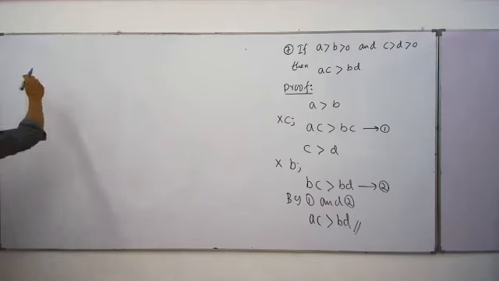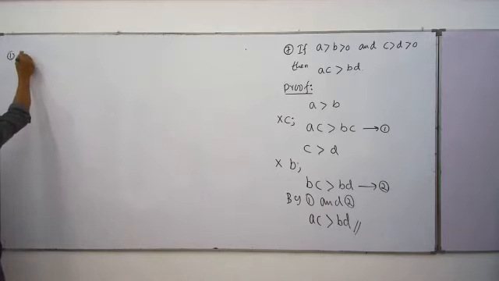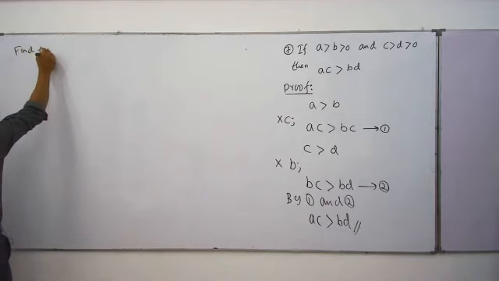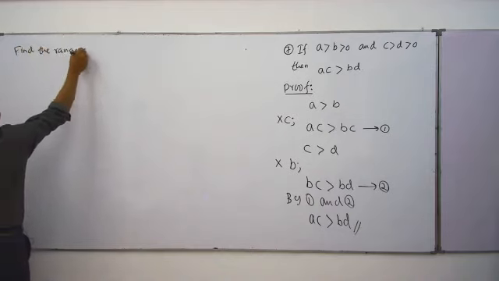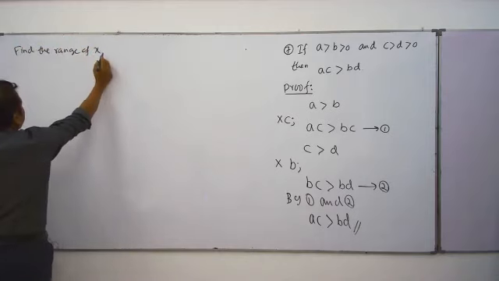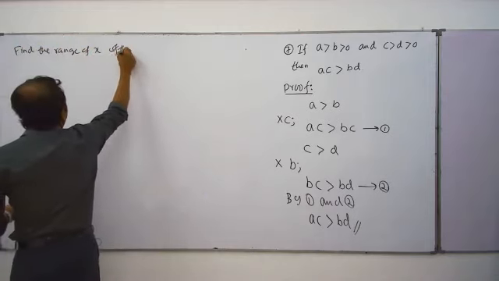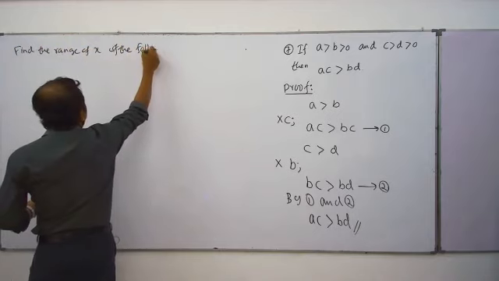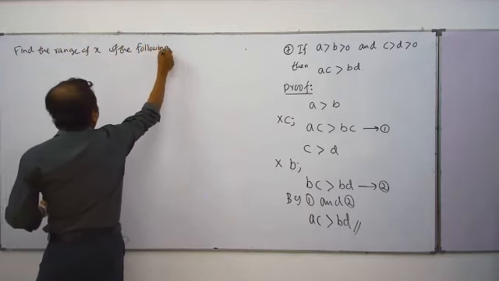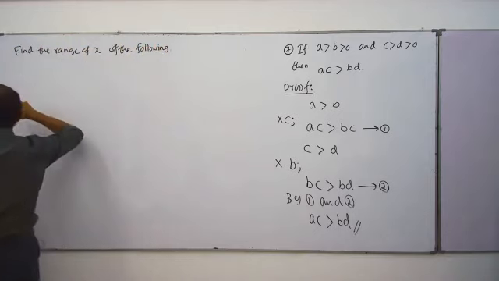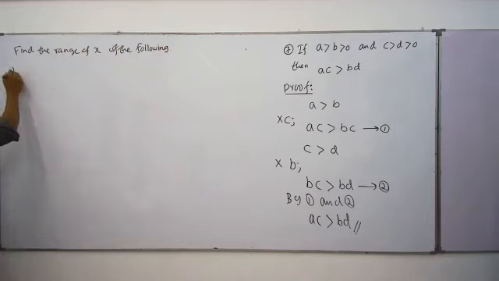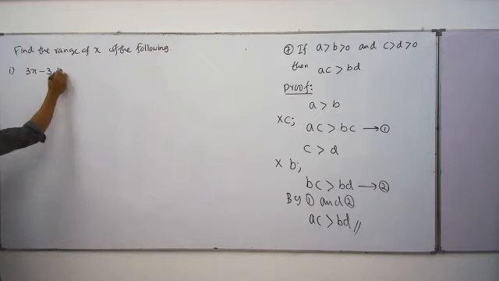First one, people: find the range of x of the following. First one, 3x minus 3 greater than x plus 7.